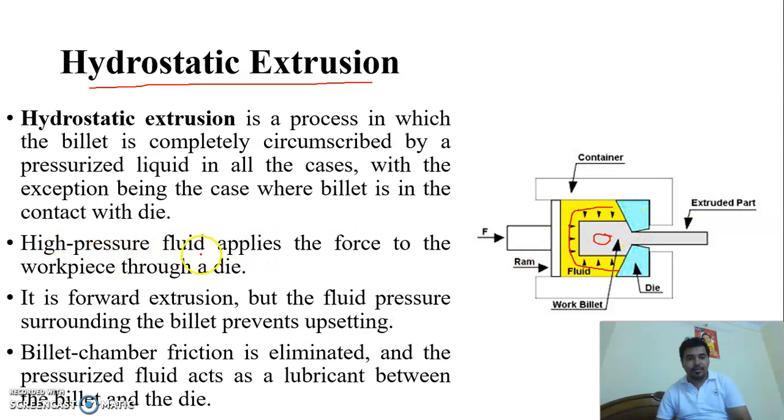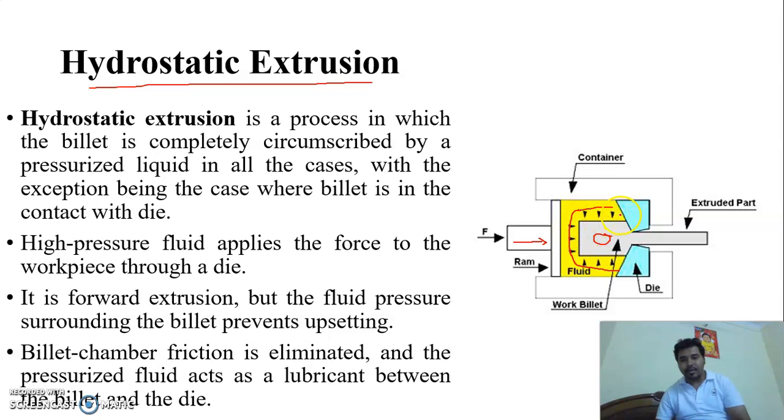High pressure fluid applies the force to the workpiece through the die. How can this process occur? If we apply force from the ram to the fluid, then the fluid gives pressure to the billet, which is the raw material.